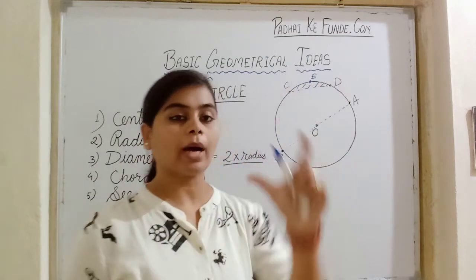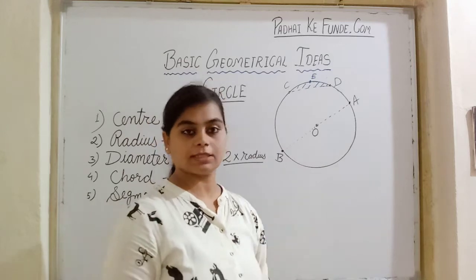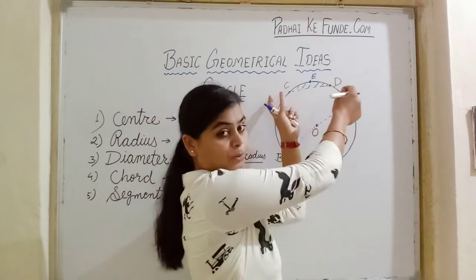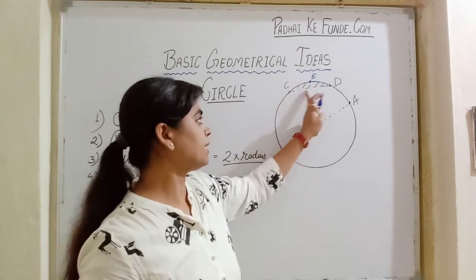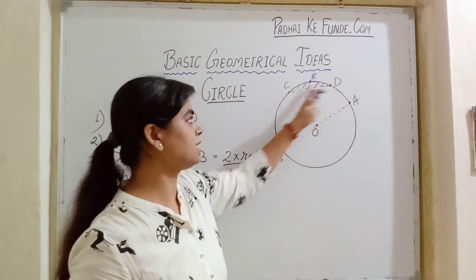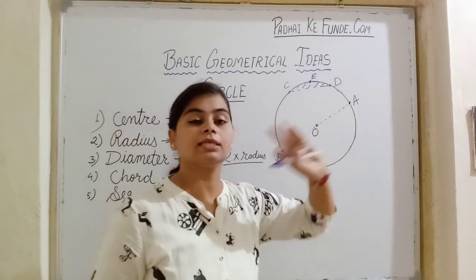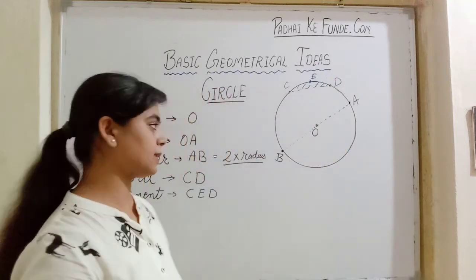CED is a part of the boundary of a circle, and the area between CED and this line is the segment of the circle.